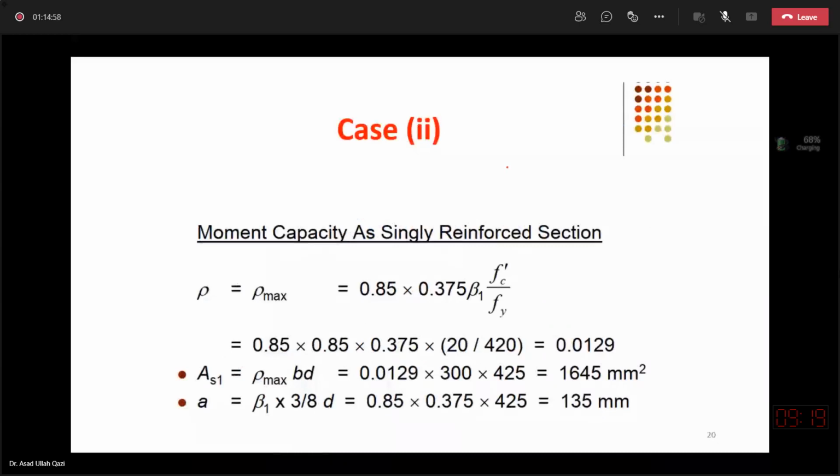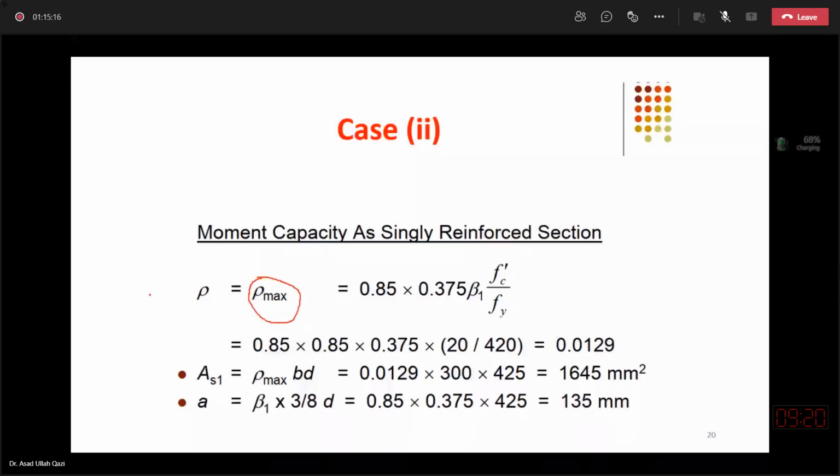Yes, sir. Good. Okay. Now, when you have the rho max, I said earlier, there is a typical flow chart for doubly beam, and now I'm going to follow it step by step. Very simple and straightforward.